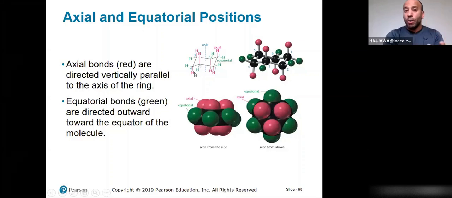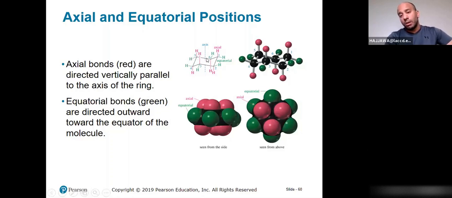That should right away remind you that since it's not parallel to the axis of the ring, it cannot be the axial bond. It has to be the equatorial. Going onto carbon number four, you can see this bond is parallel to the adjacent bond, going in the opposite direction. Carbon number five, you have the bond again parallel to the adjacent. Either of the two adjacent will be the same, and it will be opposite to it in terms of direction.